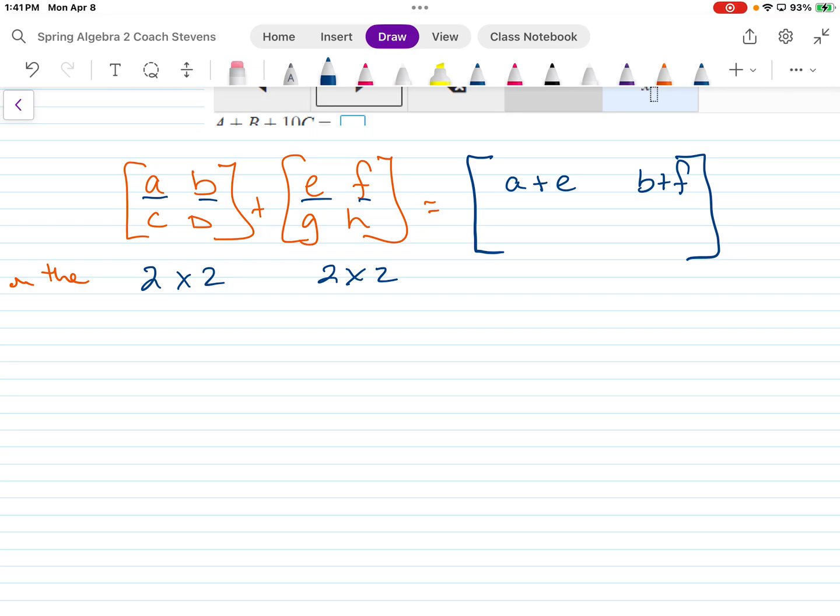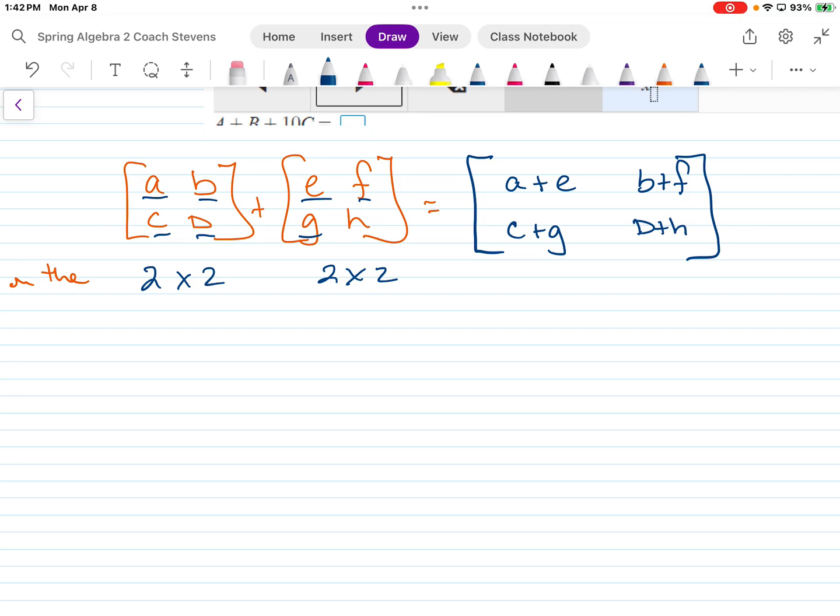Then we follow suit with the bottom. Bottom left has C and G, so we add those two corresponding cells together to get the answer in our cell. And then the last one, we add D and H together to get the answer that goes in that bottom right-hand corner.